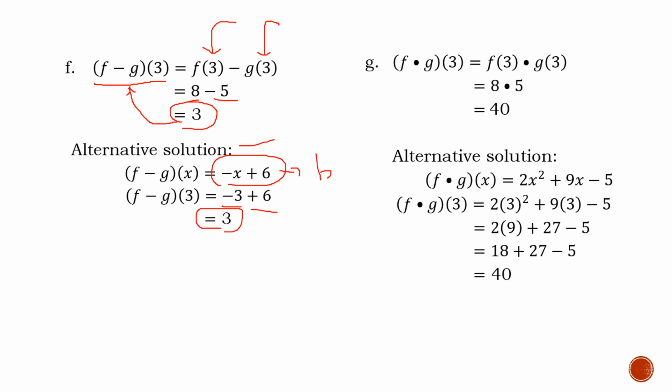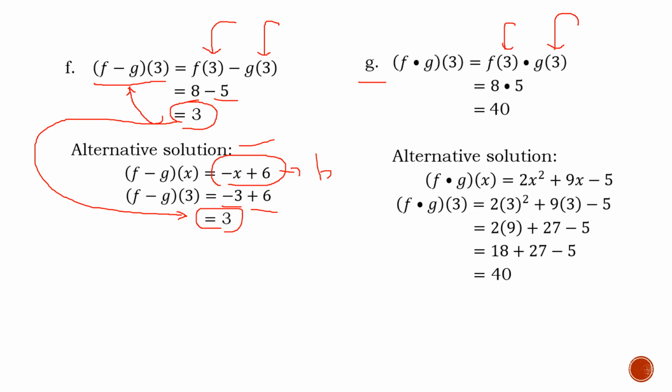So as you can see again, it's the same value from our first way to our second way. Now how do we solve this f multiplied by g of 3? Going to your f, we can map again to your letter C a while ago, that f of 3 is equal to 8 and g of 3 is equal to 5.